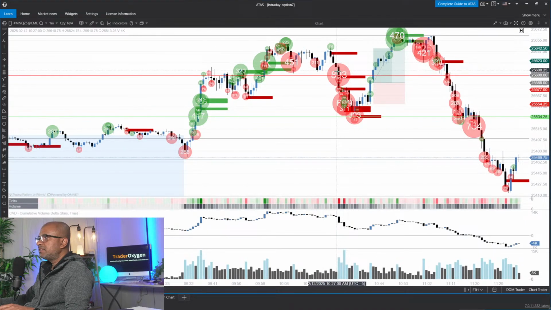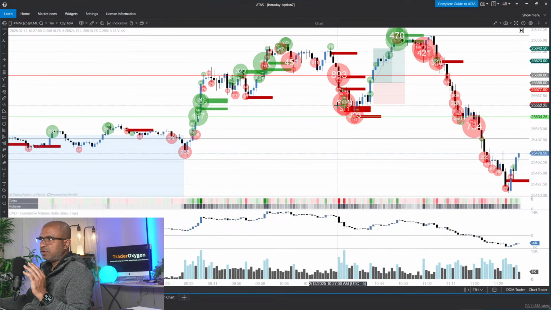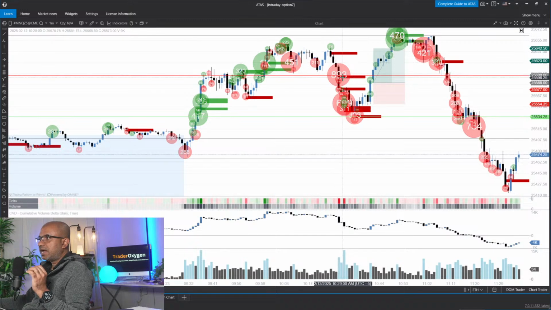And when we see these red bubbles printed, it means aggressive sellers are now pushing the price down, which means for these buyers, when they pushed the price up in this area, the price has been considered expensive. That's why aggressive sellers strongly push the price down, supported with bearish stacked imbalances.